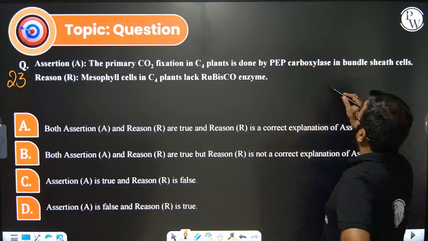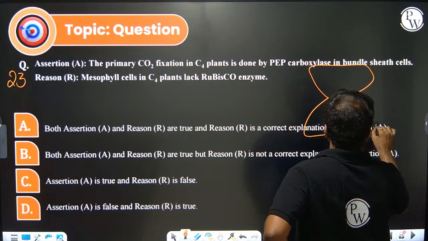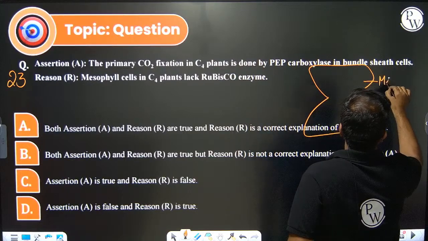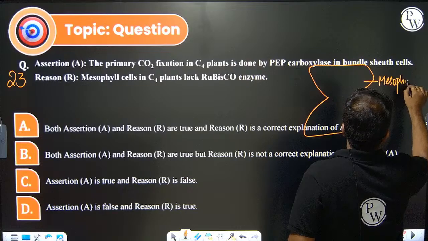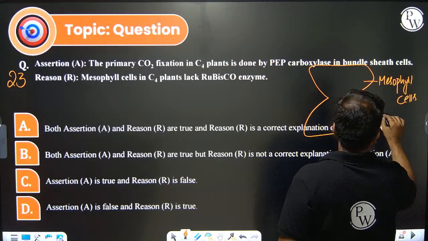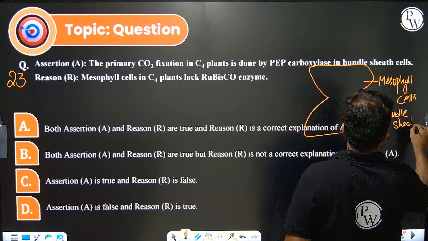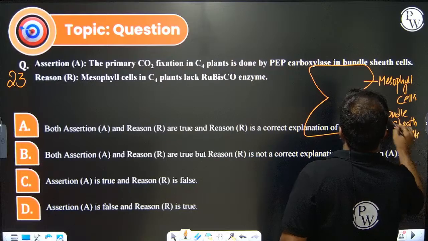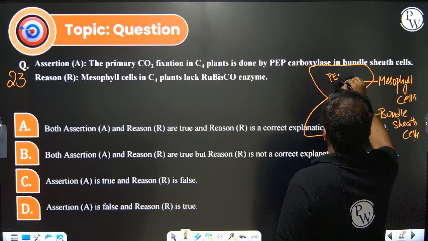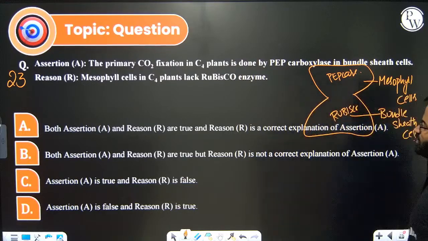If you recollect this particular diagram, this is our mesophyll cells, and these are our bundle sheath cells. Here PEPcase is present. Here Rubisco is present. So let's read the statements once again.